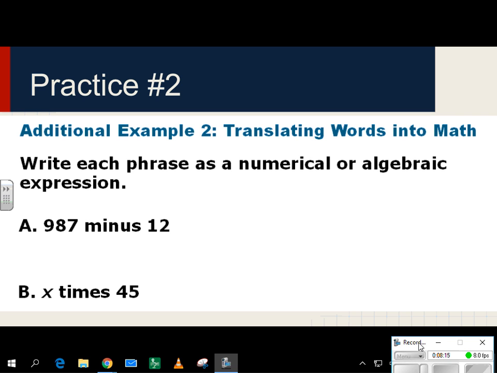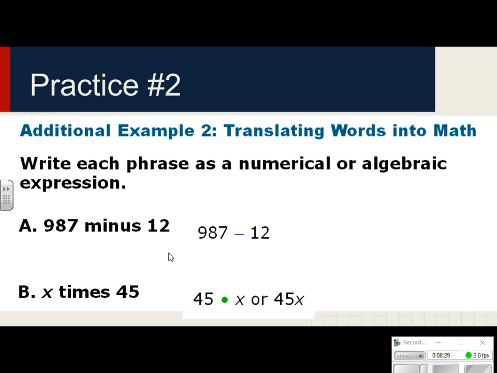In B, you'll see x times 45. Again, your table will help you figure out what times means. This is an algebraic expression because we have the variable x and the constant 45. Write down the answers in your notebook right next to the problems. So basically copy down A, question and answer, and B, question and answer in your notes so you can see how that works.